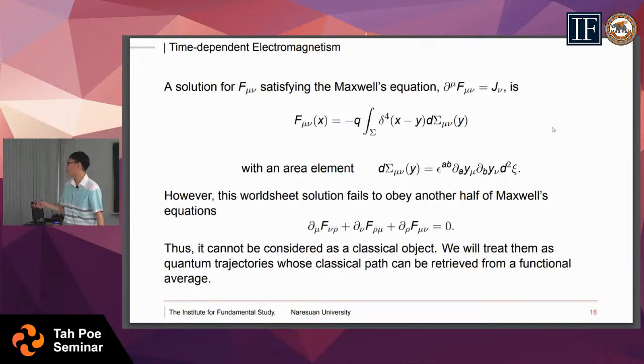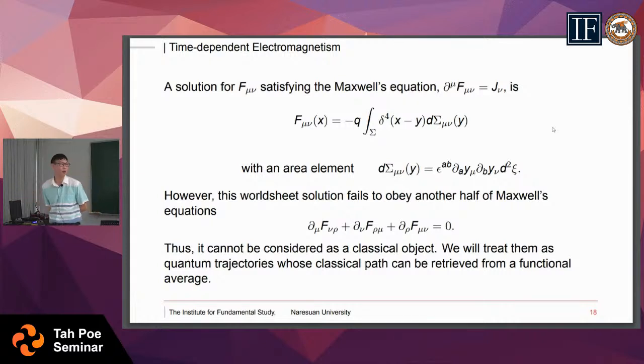The other half of the Maxwell equation is basically here, but if you try putting it in, you eventually see that it doesn't work. So again, we can do the same trick as before.